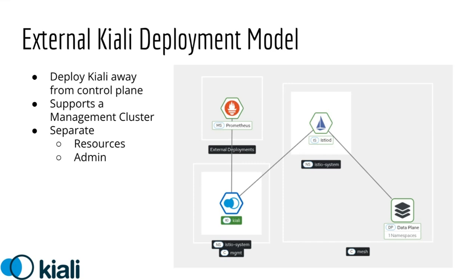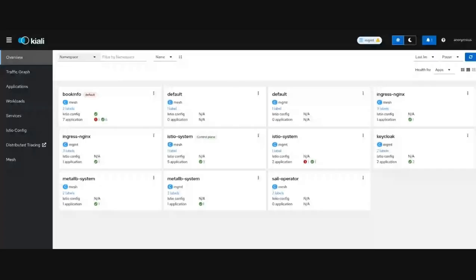You're just going to, actually, maybe I'll do that in the demo. So let me show that out. So what you can see is in the overview page here, we've got 2 clusters.